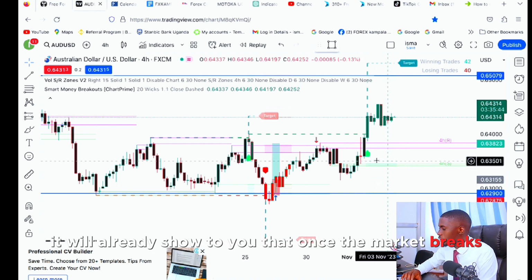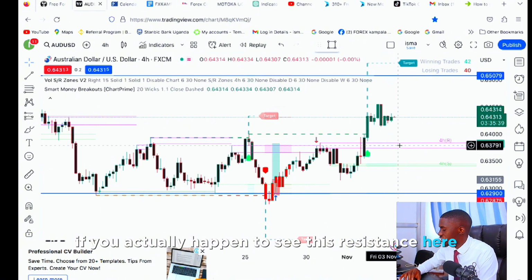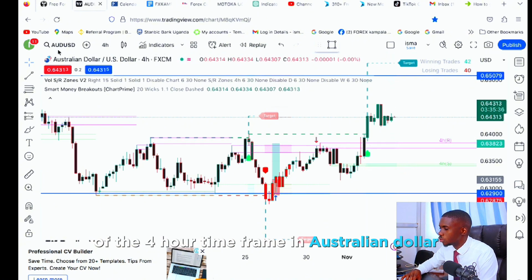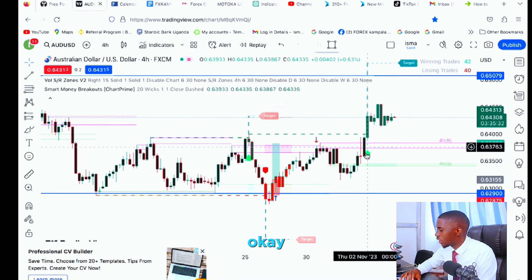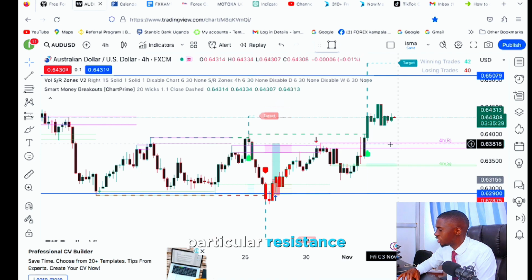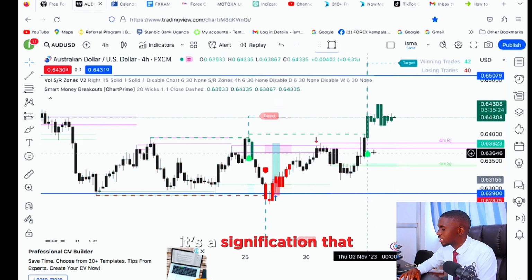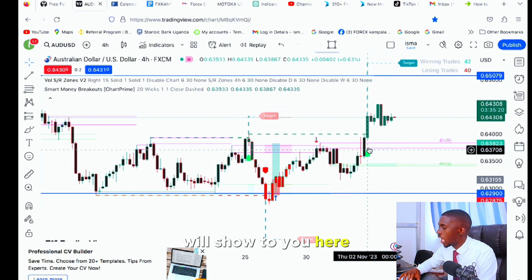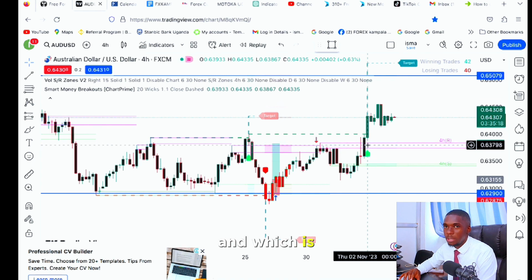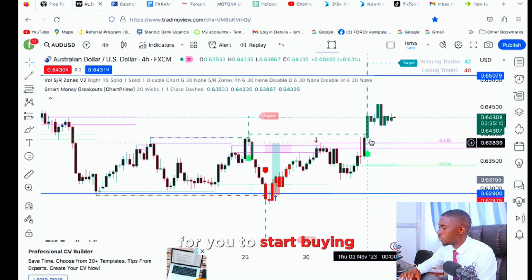It will already show you that once the market breaks, for instance, if you see this resistance here on the 4-hour time frame in Australian dollar, US dollar, as the market breaks this particular resistance that you can see here, it's a signification that you should buy. This indicator will show you here that there is a breakout, which is the purpose of this particular strategy. And once it shows you that there is a breakout here, it's mandatory for you to start buying.